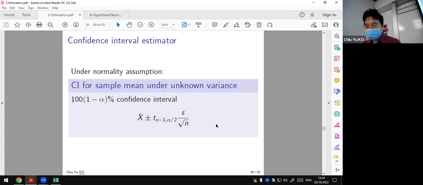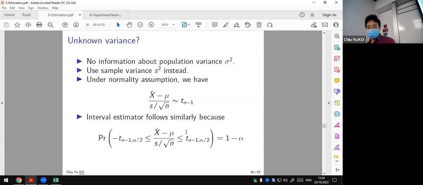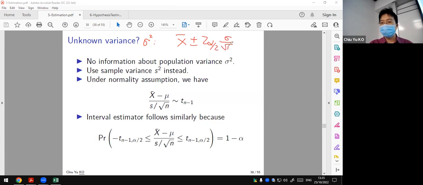Okay, let's return. So I guess we continue from what we talked about. Just to remind you of one thing: if we know the population variance, then the interval estimator is x bar plus minus z alpha over 2 times sigma over root n, which we have covered.